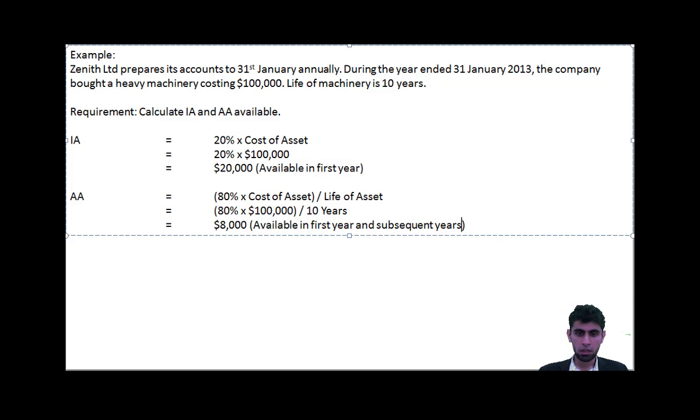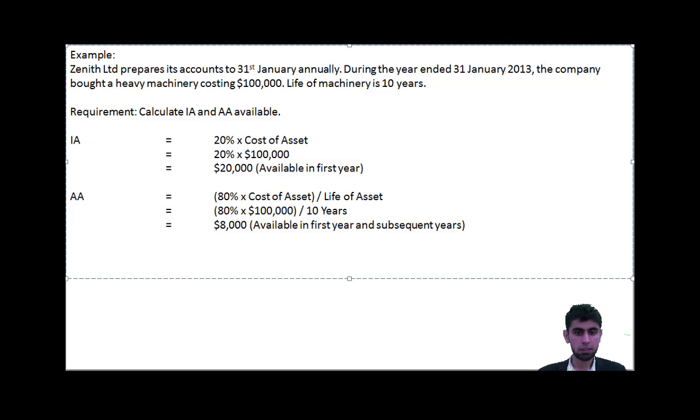Okay. So how much allowance will be available in the first year? Total allowance available in first year is going to be the initial allowance, which is 20,000, plus you have 8,000 from the annual allowance. So total allowance available in the first year is 28,000.